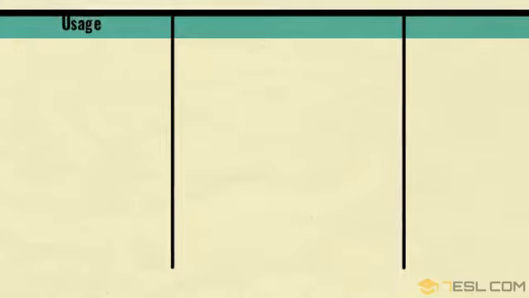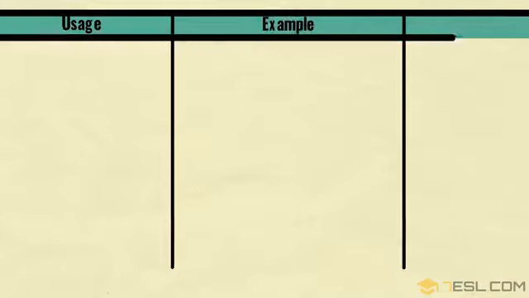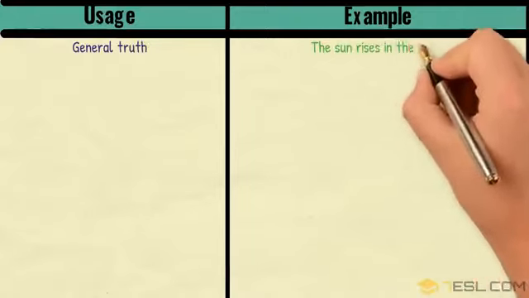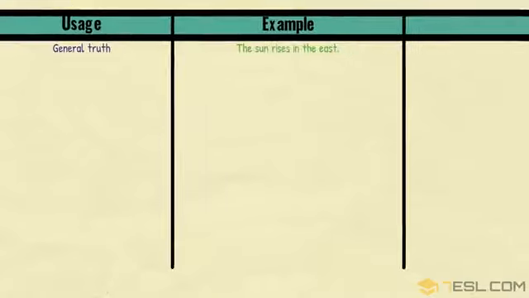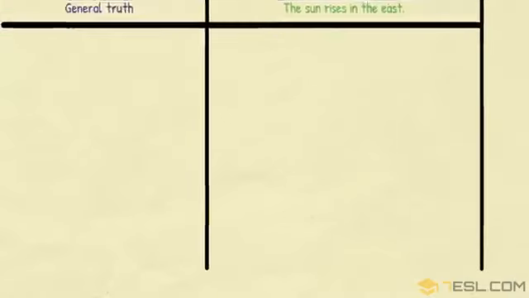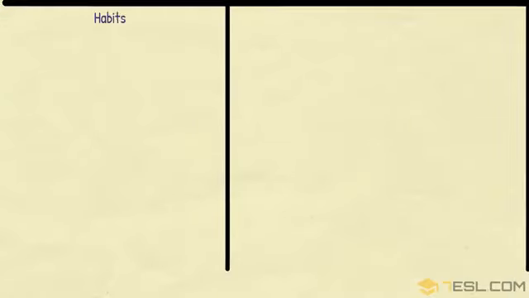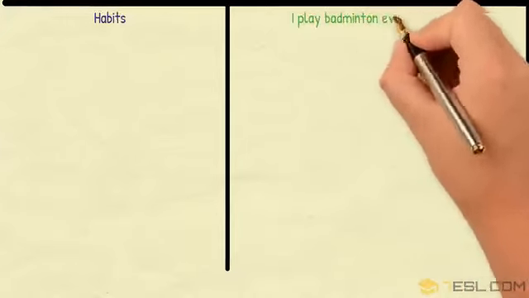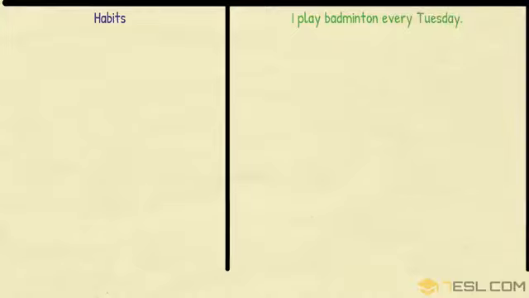Usage. Example. General truth: the sun rises in the east. Habits: I play badminton every Tuesday.